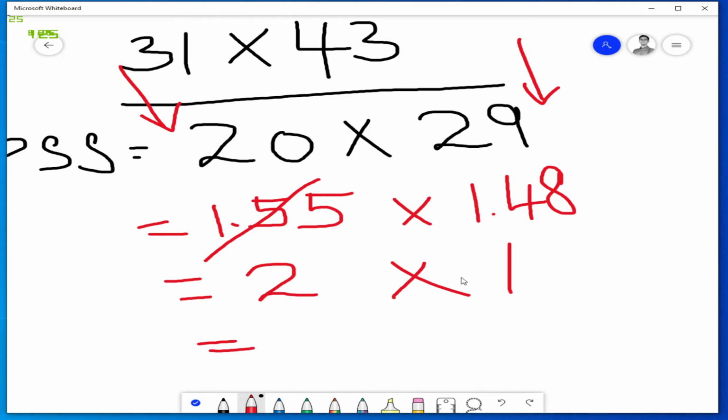So 2 times 1 is 2. So for the outs, we don't round up, we round down.